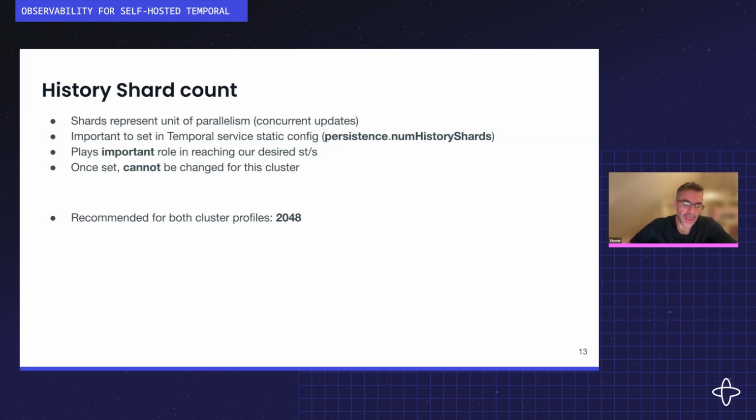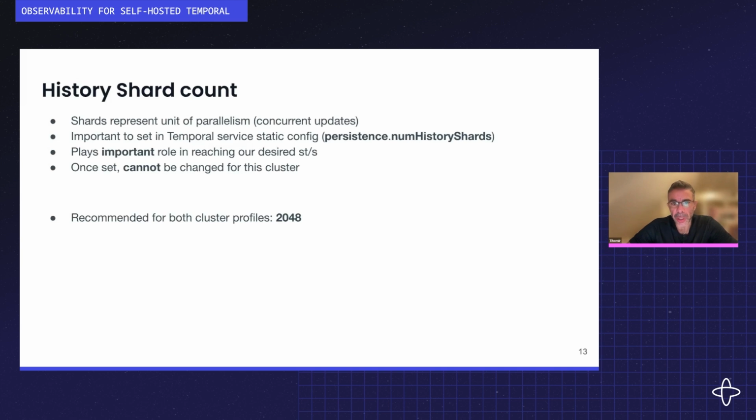And once you set it, it's currently still a bit difficult to change this number, meaning you have to stand up a new cluster. There are also ways to do a migration to a larger cluster at some point as your use cases are growing. But the shard count itself plays an important role in the desired throughput, or state transitions per second, we're targeting with our profiles.